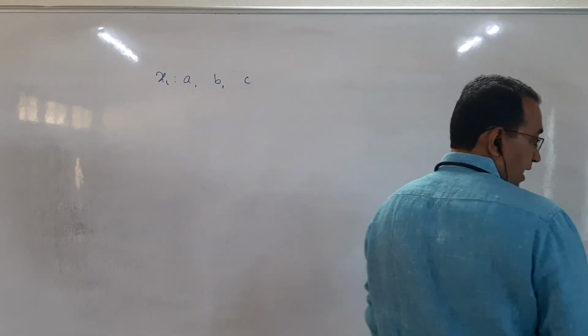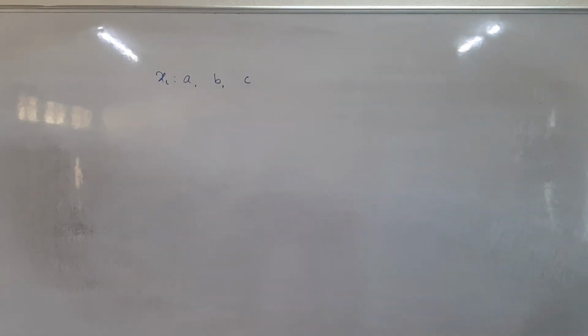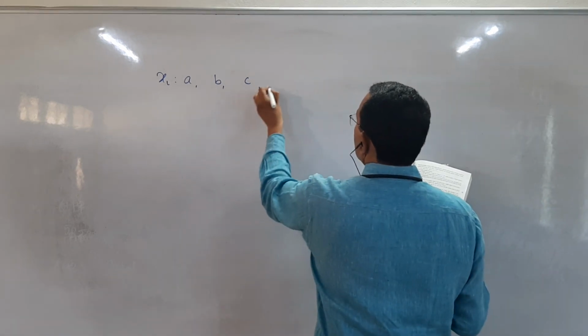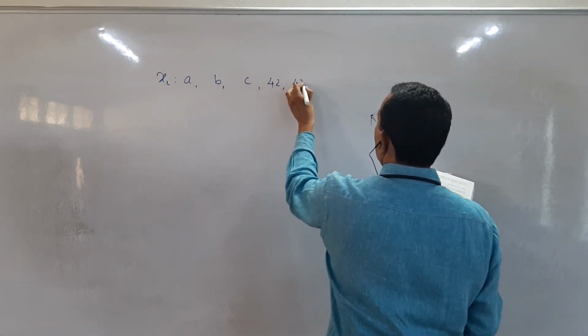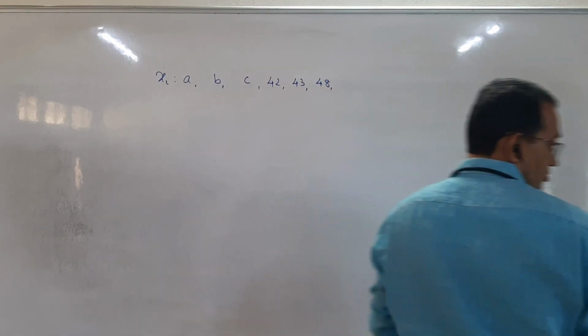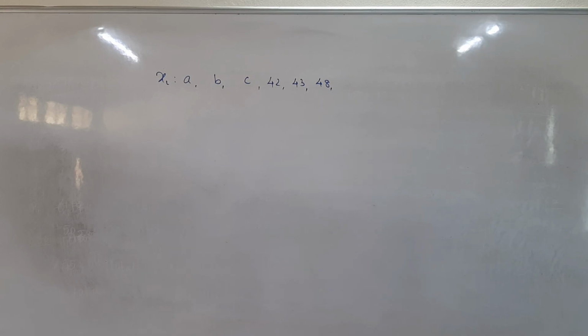Now those who have passed, I am writing in increasing order: 42, 43, 48. Then students, 50, 51, 53, 55.